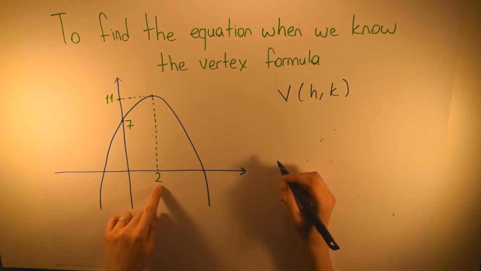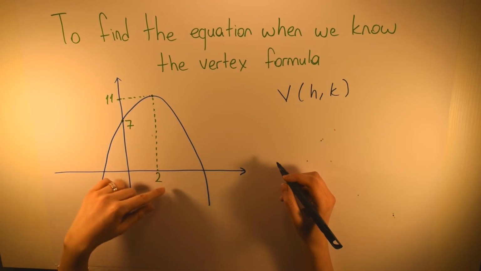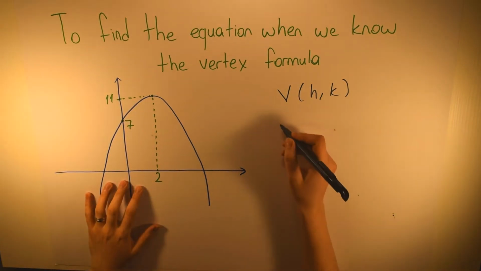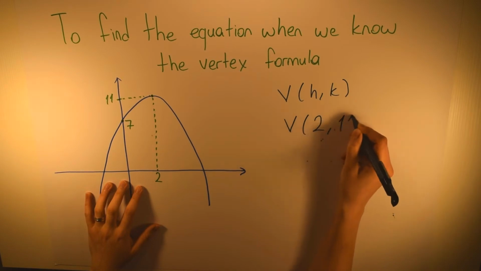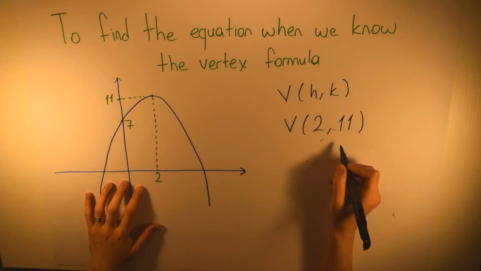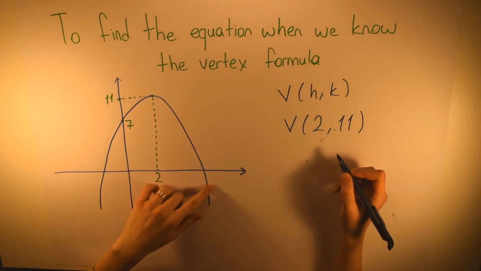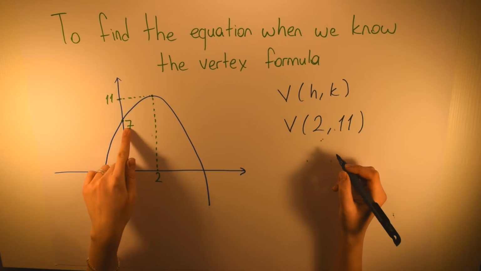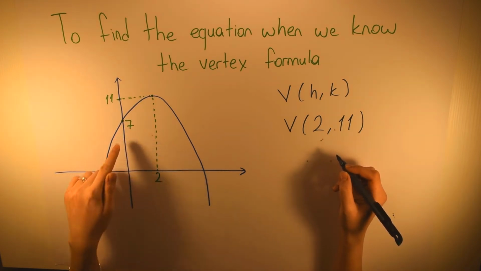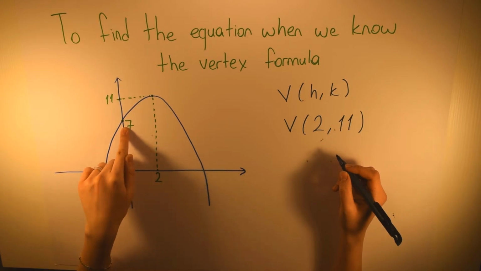So here h is equal to 2 and k is equal to 11. These are our vertex points. So let's write them down: 2 and 11. And we can see that this parabola intersects the y-axis at 7, which means when x is equal to 0, y is equal to 7.